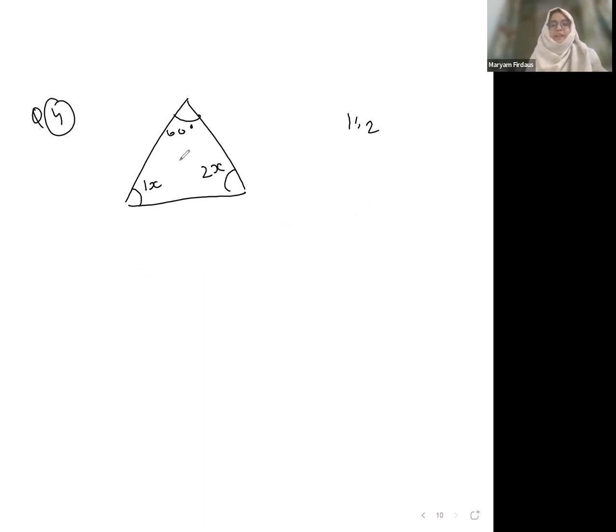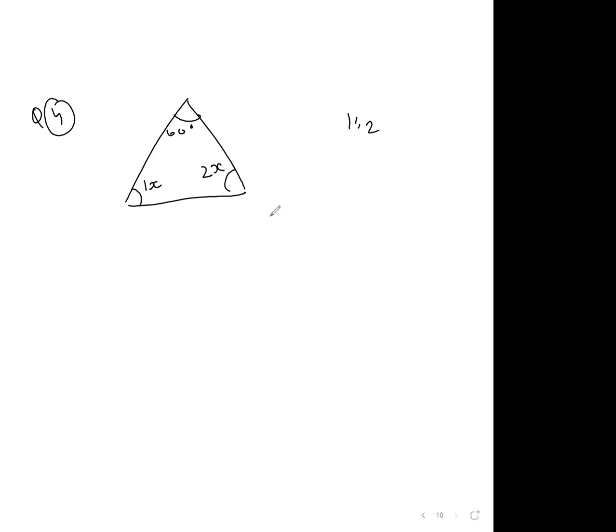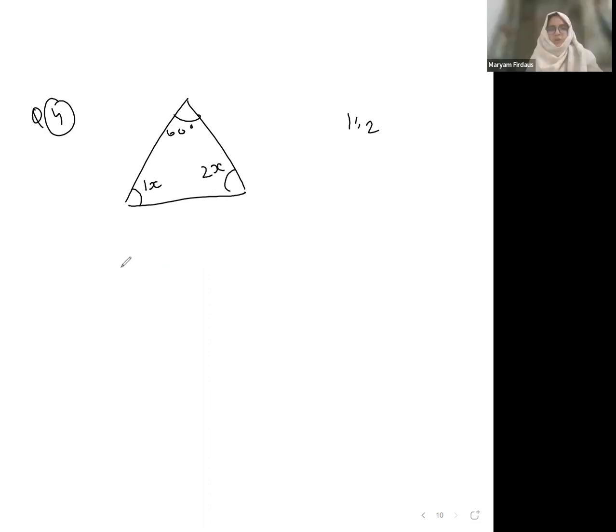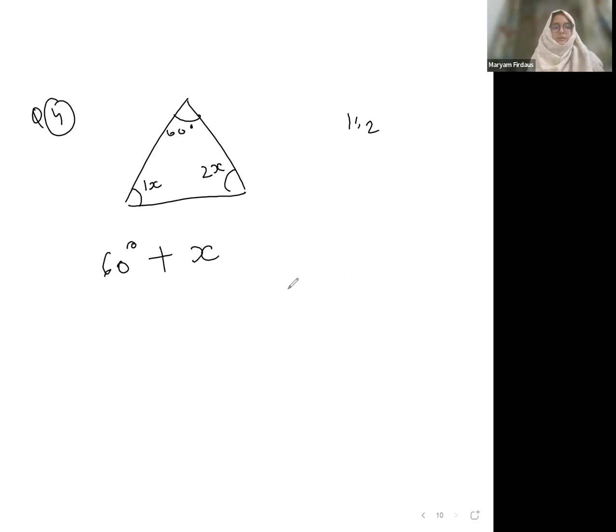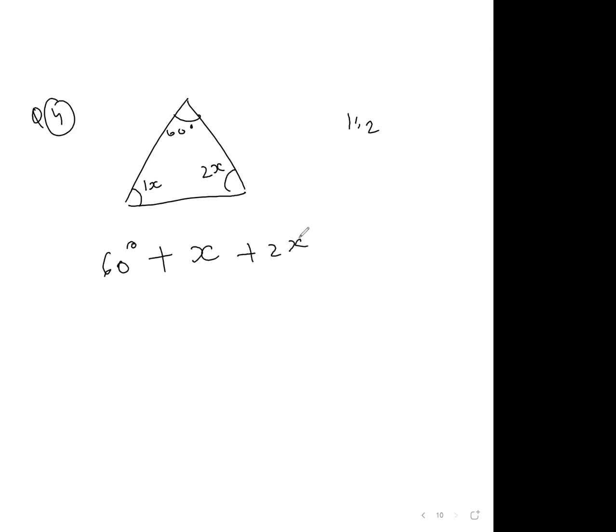So how will you find these three angles? 60 plus 1x plus 2x, which can be written as x plus 2x, will give us 180.